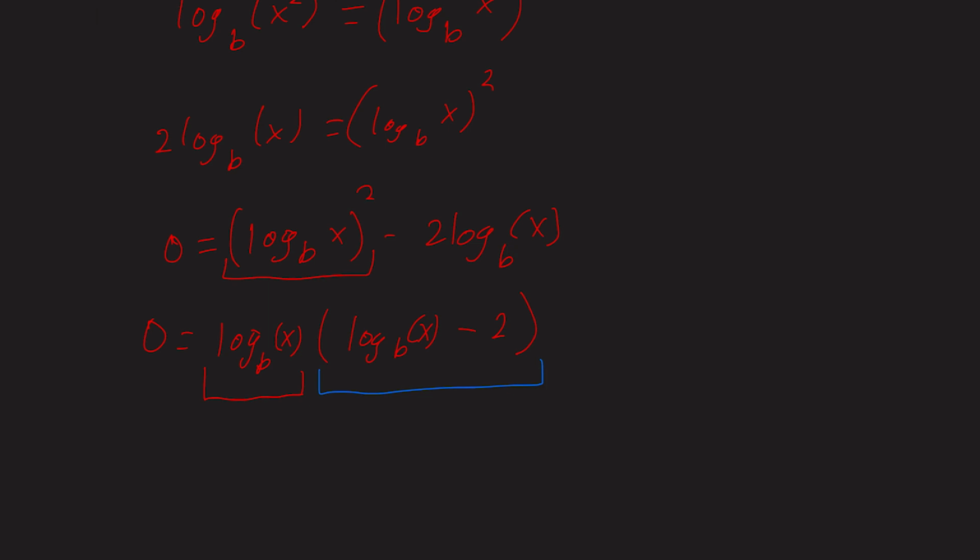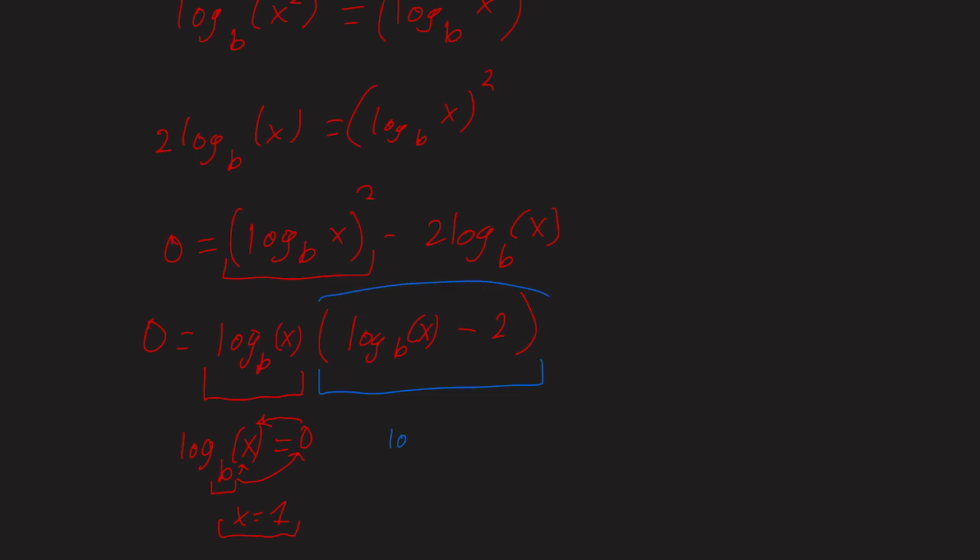Okay? So now I need to ask myself, what can I do to log base b of x to make it equal 0? So recall that this is what power do I need to raise b to get x? Okay? Meaning b to the 0 has to equal x. So b to the 0 is 1, so x equals 1 is my first solution right here. Then I can consider this part.